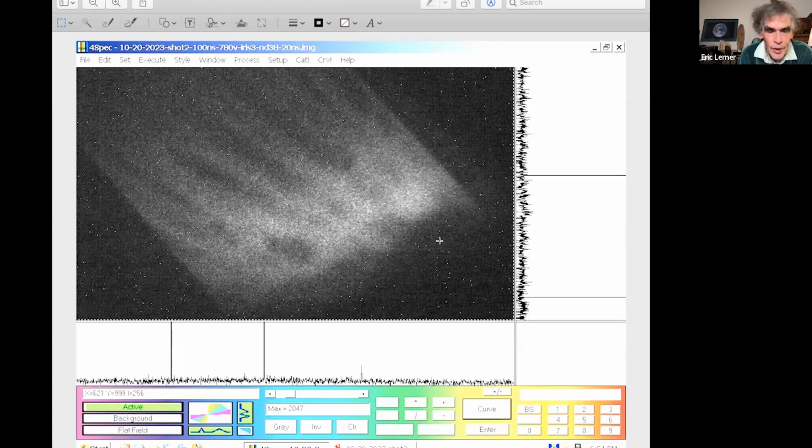And what Syed and I know is a big difference is simply that in shot 2, the two gases that we were using to mix together, which was nitrogen and deuterium, were well mixed. And in shot 3, they were not well mixed.